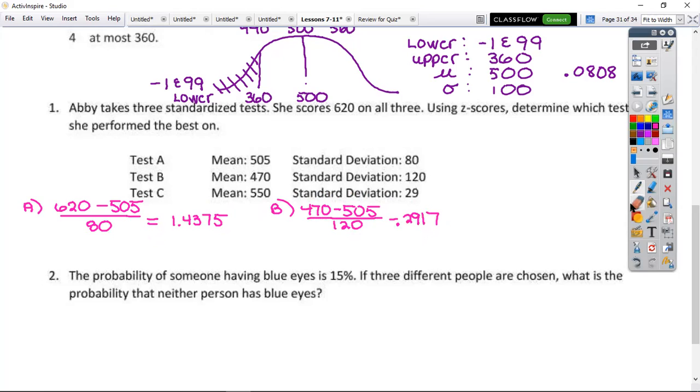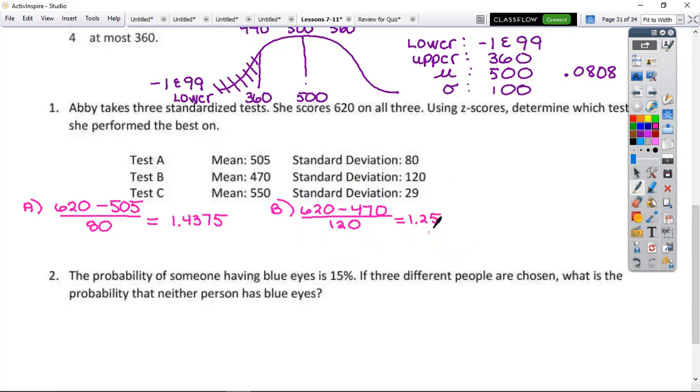Thank you. Hold that thought. Thank you. I changed the wrong one. So she's still 620. Okay. Thank you for catching that. Minus the 470 divided by the 120. Okay, so now this is coming back positive again. Minus 470 and divide that by 120. I got 1.25 this time.